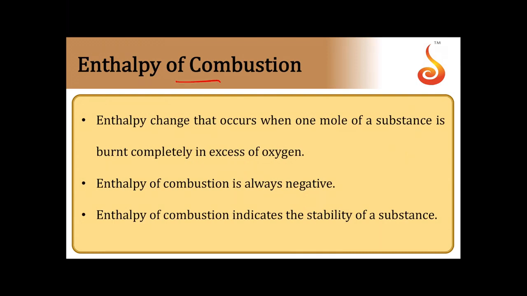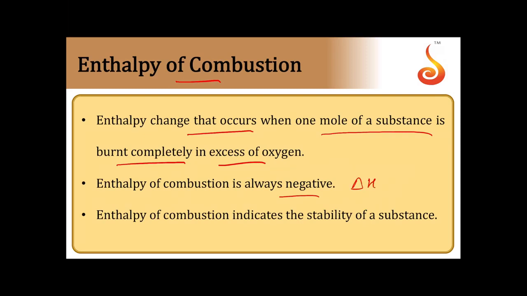Now, enthalpy of combustion. The enthalpy change that occurs when 1 mole of a substance is completely burnt in excess of oxygen. Heat is always given out, and therefore enthalpy of combustion is always a negative value.